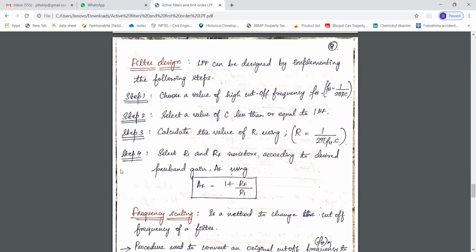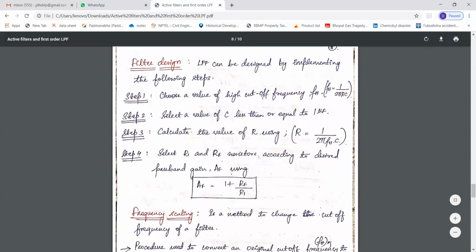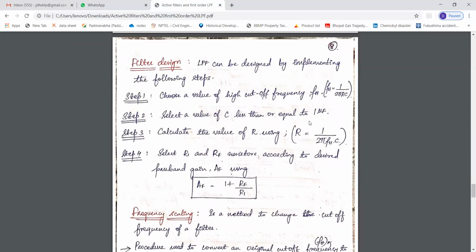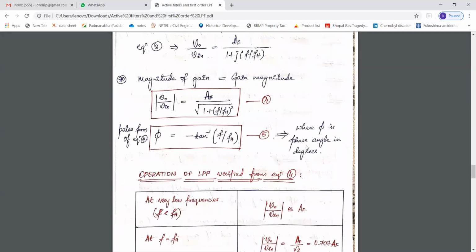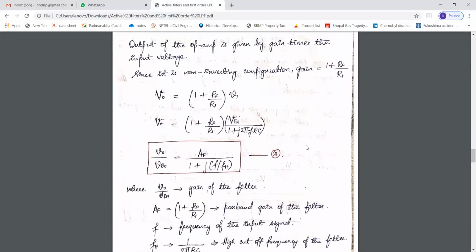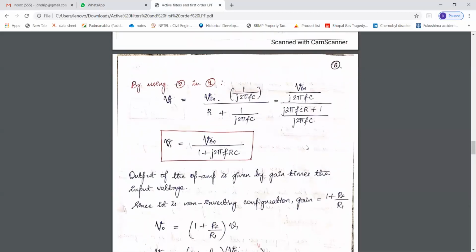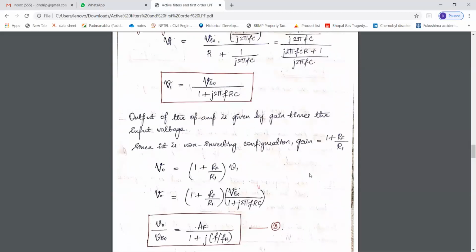Next, in step 3, we are going to calculate the value of R using this formula: R is equal to 1 by 2 pi FH into C. We have already known these formulas in the previous design. Here I'll show you.